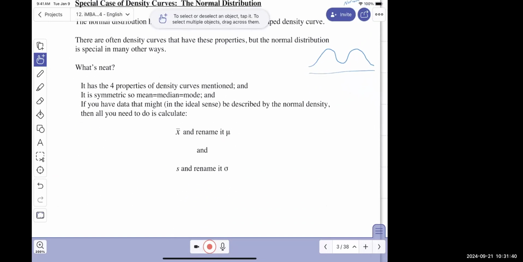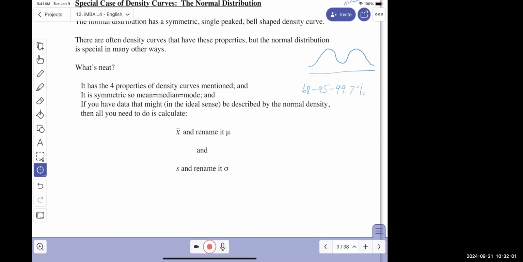And it's special in that it obeys the 68, 95, 99.7% rule. So we begin by, we can draw it.